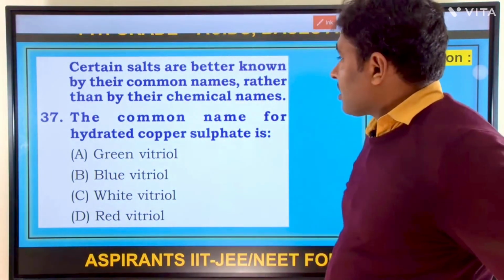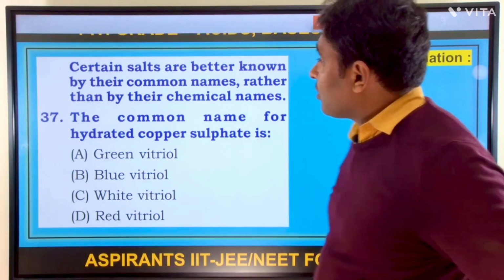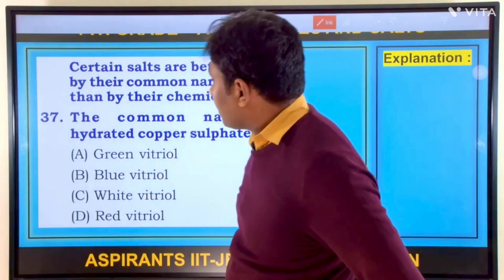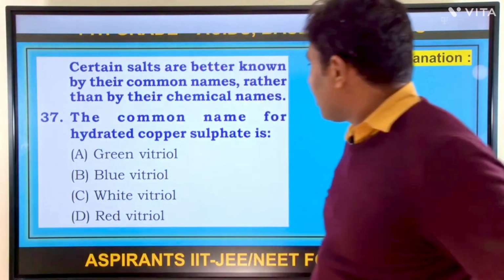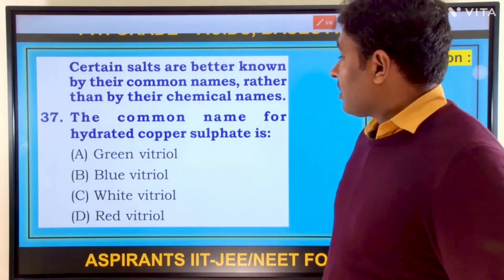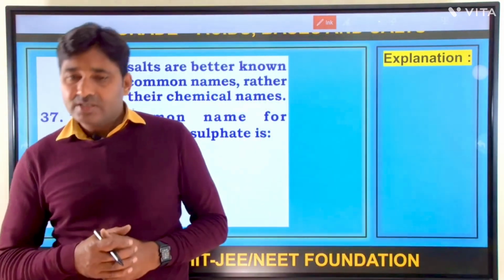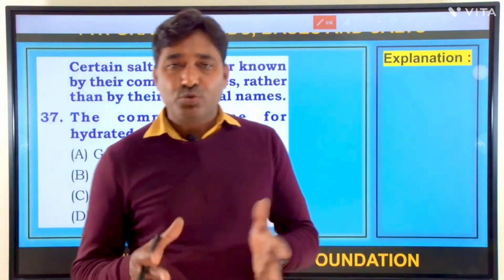Here also this is a comprehension type question. Certain salts are better known by their common names rather than by their chemical names. The common name for hydrated copper sulfate. In the previous videos we discussed that chemical compounds have two names.